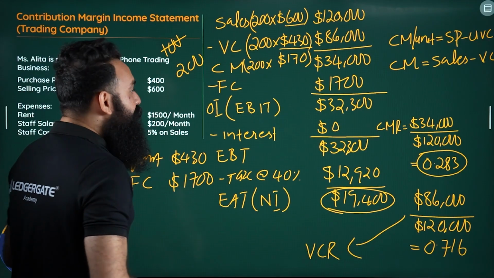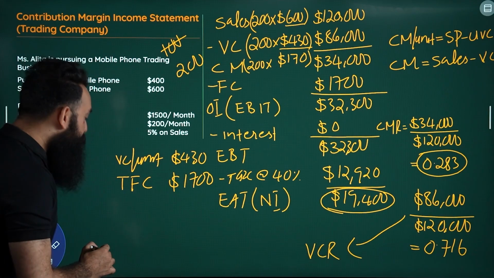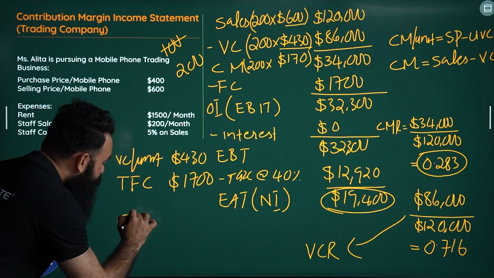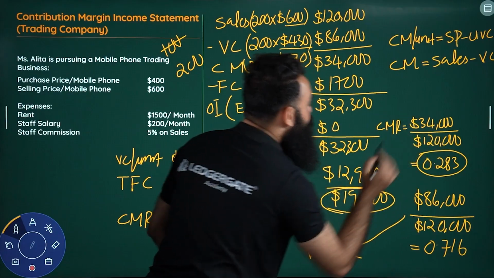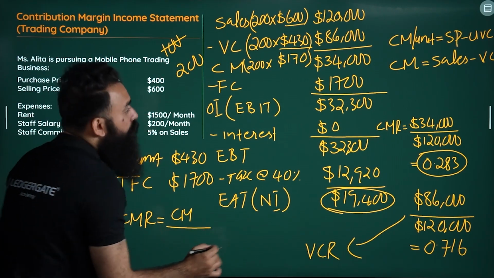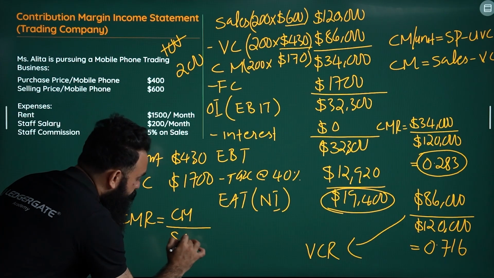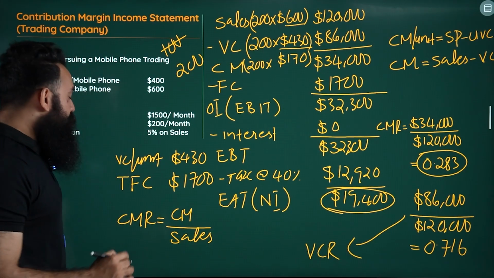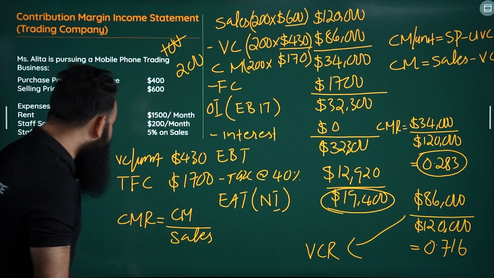So we can determine one formula here. What will be the formula? Contribution margin ratio is equal to, what is this? 34,000 is our contribution margin, and what would be 120,000? That is our sales. So contribution margin ratio is equal to contribution margin divided by sales.